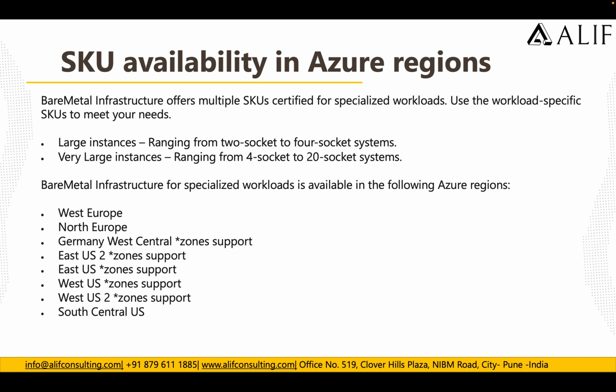The infrastructure availability is only in specific regions. The regions are West Europe, North Europe, Germany West Central, East US, East US 2, West US, West US 2, and South Central US. These are the regions where the bare metal infrastructure is available, and we can purchase a physical server from Microsoft.